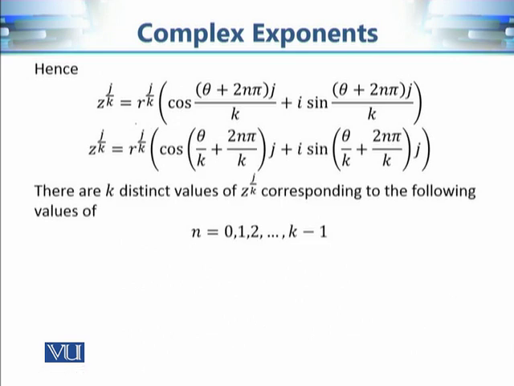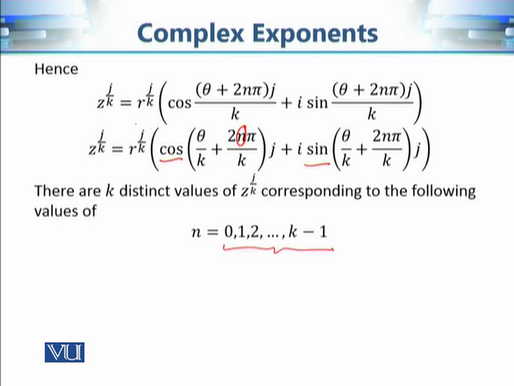Now in this case you can see that when we vary n, it will give us different values, but since cosine and sine are periodic with period 2 pi, after k values there will be some repetitions.